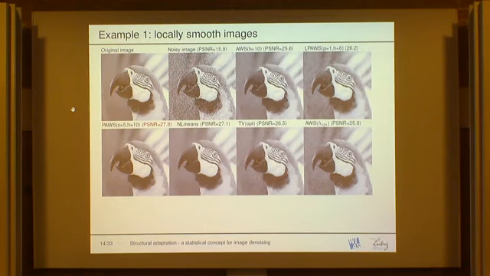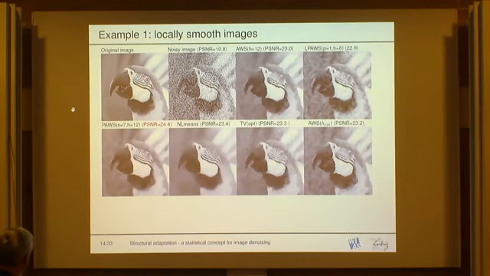If I increase it again by a factor of 2, and again by a factor of 2, you see that in principle you get slightly better results by the patch-based adaptive weights procedure compared to non-local means or total variation regularization.